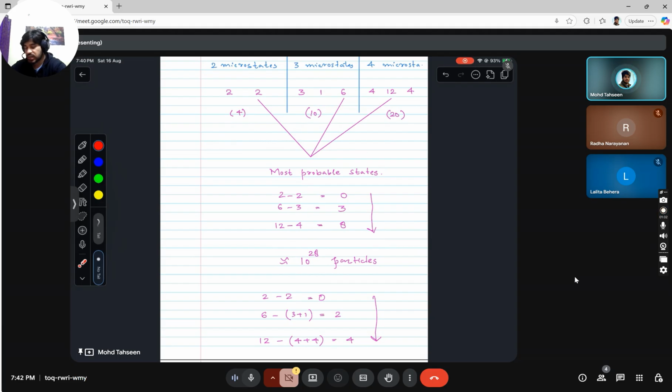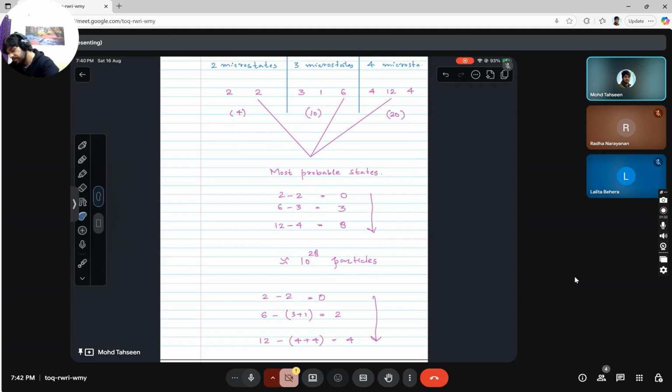So that state is what we call the equilibrium state of the system. That is the state in which you will find the system the most number of times. More than 99% of the times you will find your system in that state, right?